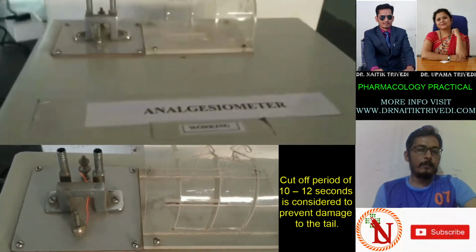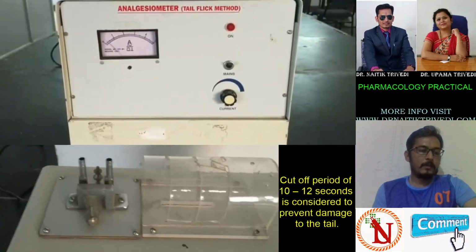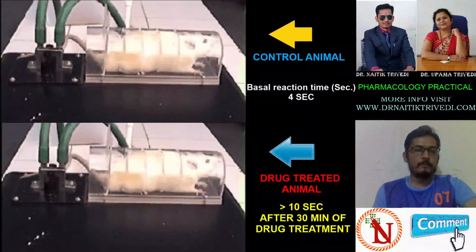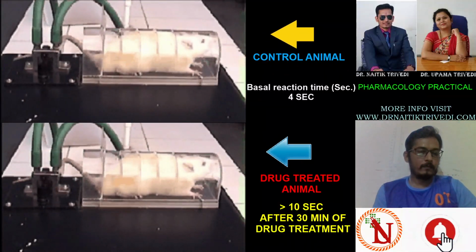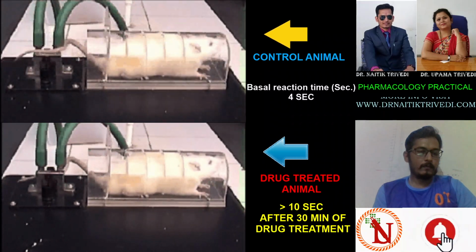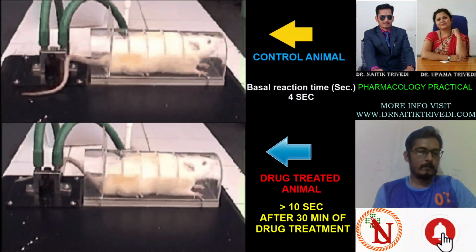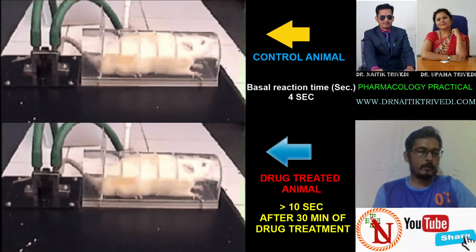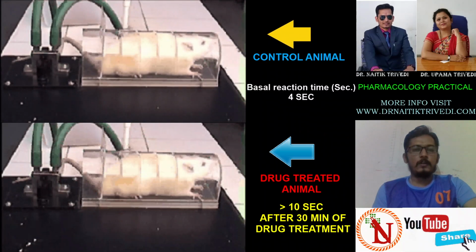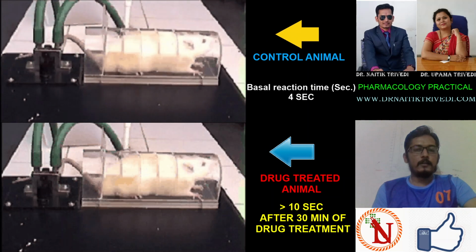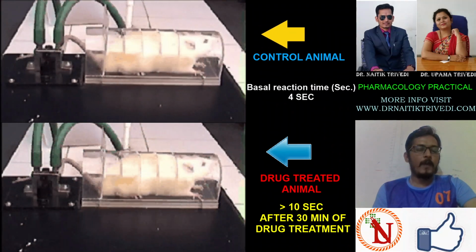So when we put the animal here, what will happen? I'm showing you here. I have kept the animal. The first one is the control in the restrainer. Then I put the tail on the wire.